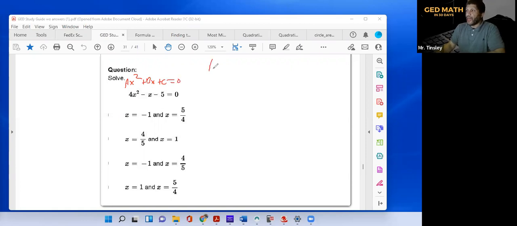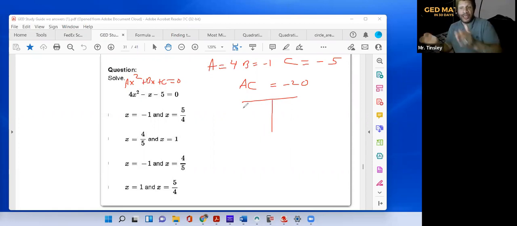That means my a is 4, my b is -1, my c is -5. So identifying a, b, and c is very important. But when your a is not 1, let me show you what you would have to do. You have to factor ac, a times c. So a times c is -20. So I have to find the factor pairs of -20.